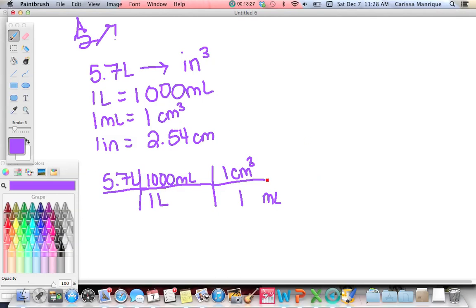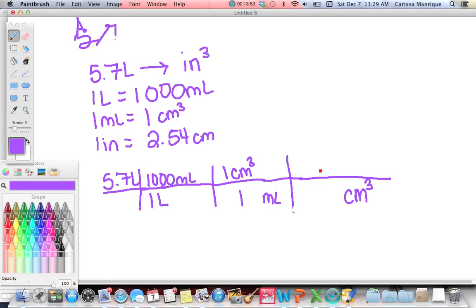One more step. Now I want to cancel out centimeters cubed, so I put that down here. I want my centimeters to be cubed. Remember here we have 2.54 centimeters equals 1 inch. But we don't want it in just regular inches and centimeters. We want them cubed. So all you do is cube the numbers and units.